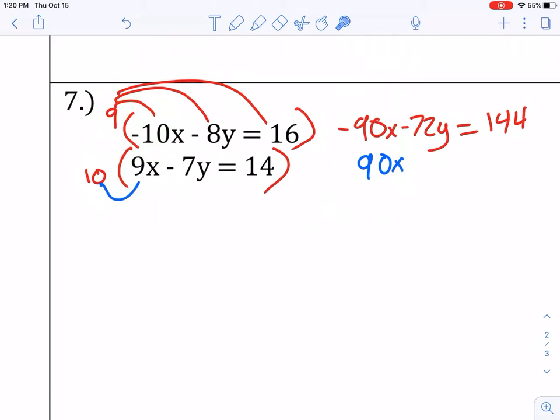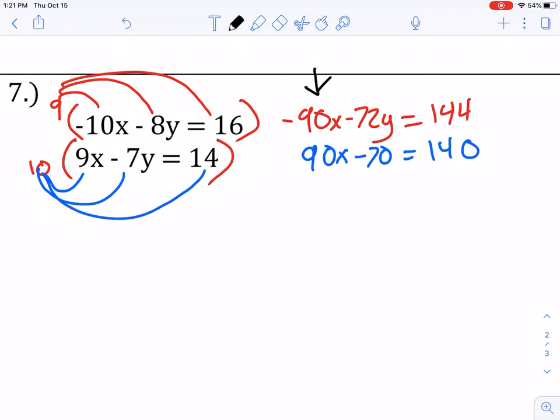They're going to create our terms that eliminate. And then I have 10 times negative 7, so that's negative 70. This is kind of easy. And then 10 times 14, which is going to give me 140. So let me just double check my signs and make sure that I didn't skip anything that I needed to not skip. And I think we're looking good. Okay.